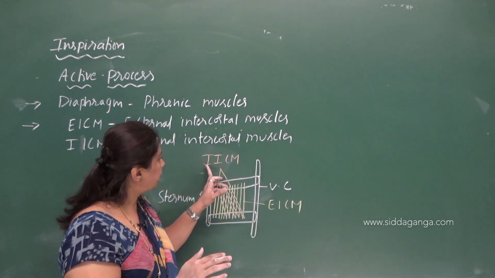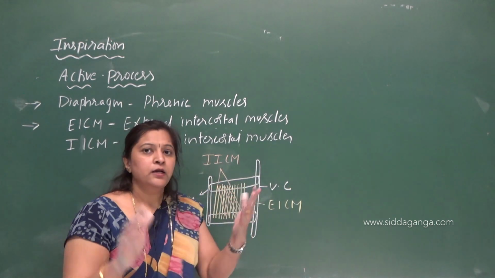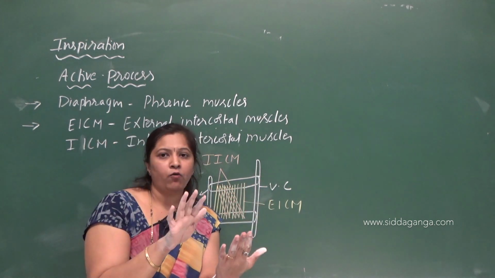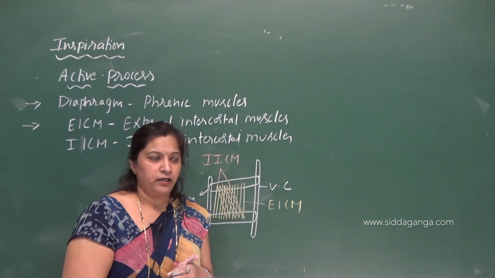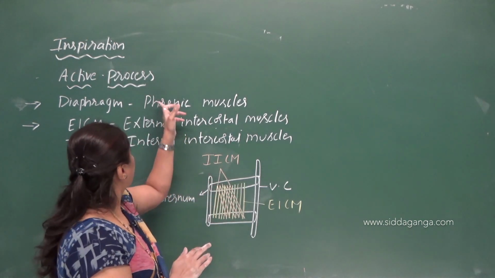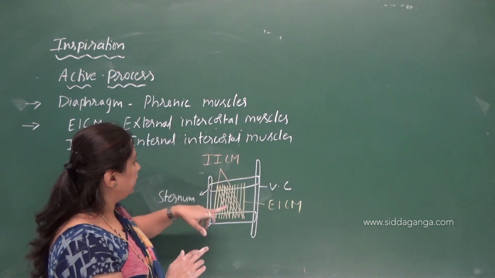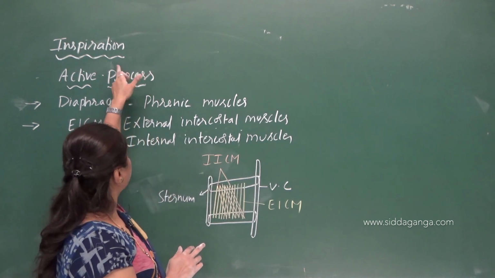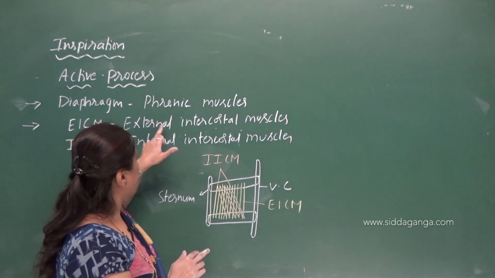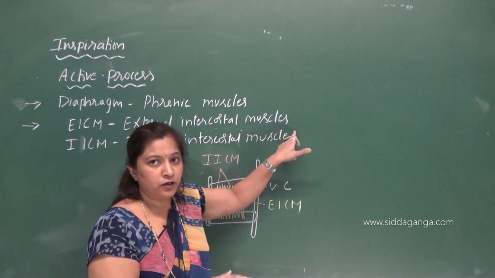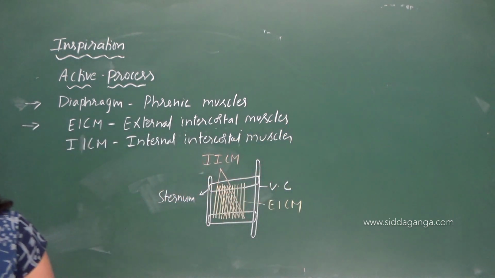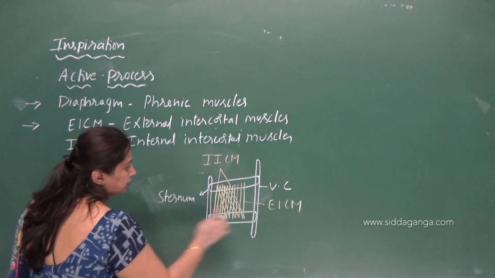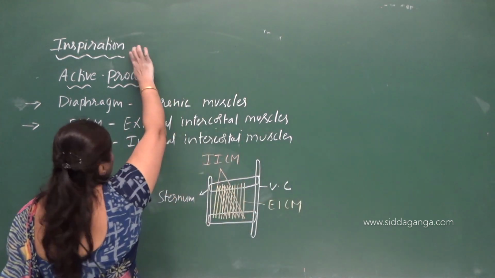Whereas the contraction of internal intercostal muscles shifts the ribs and sternum downward and inward, decreasing the volume of the thoracic cavity. In inspiration, the muscles involved are the external intercostal muscles.